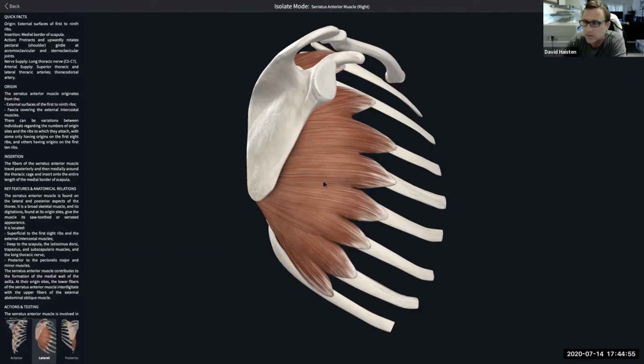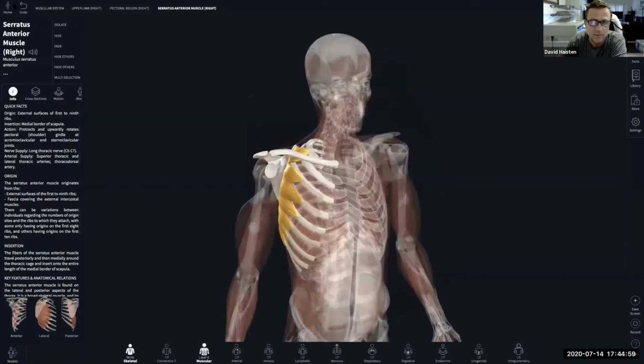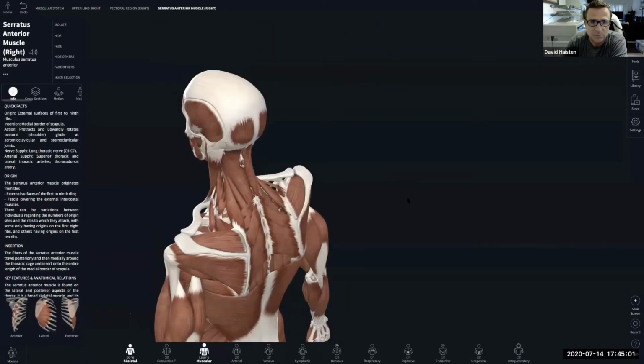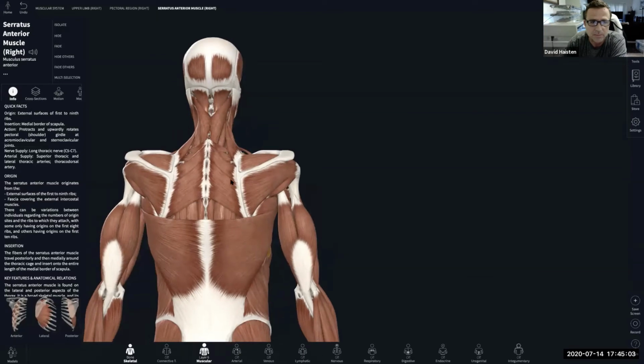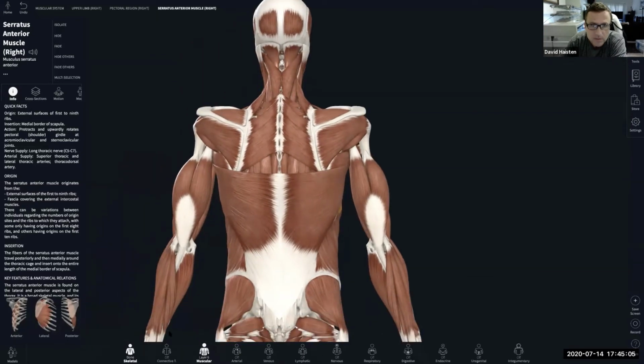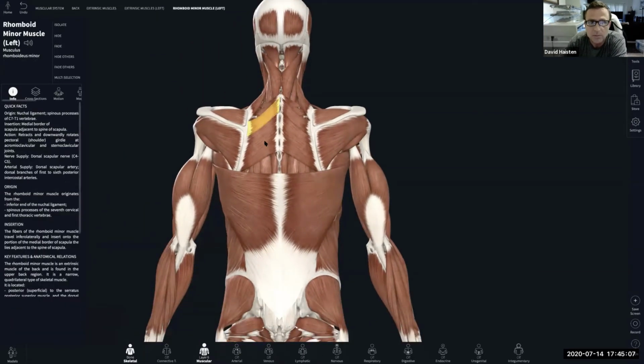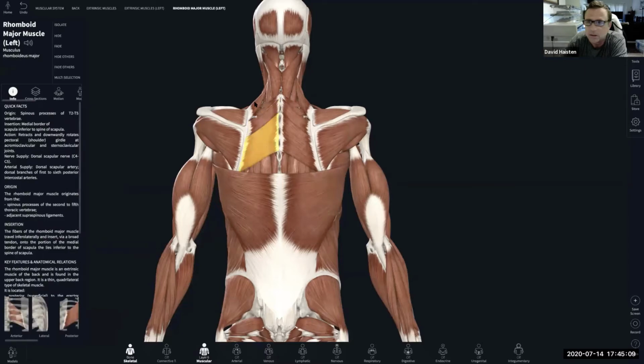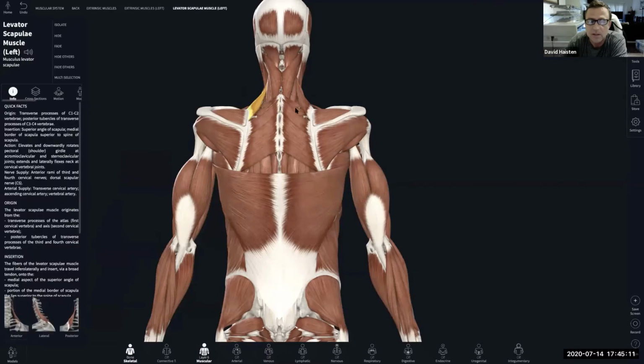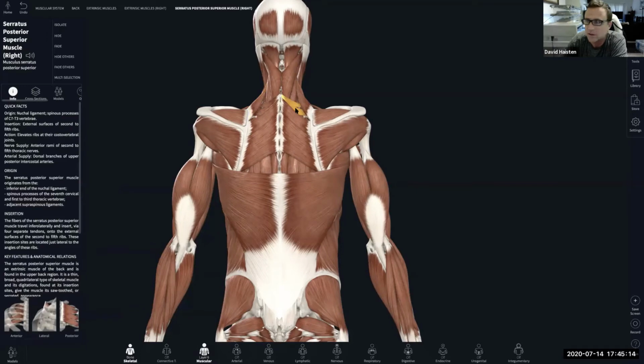So that's serratus anterior. Finally, let's look at a muscle you haven't looked at, which is serratus posterior superior. It's deep. So here's rhomboid minor, rhomboid major, levator scapulae. Serratus posterior superior is here, deep to the rhomboid.